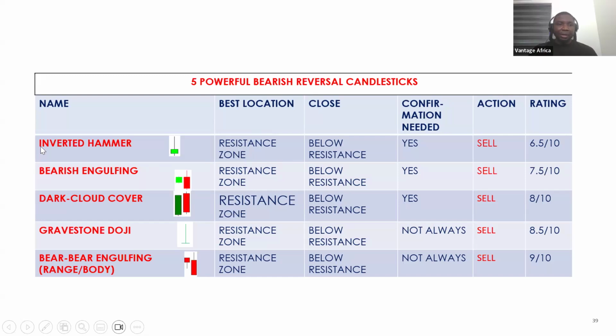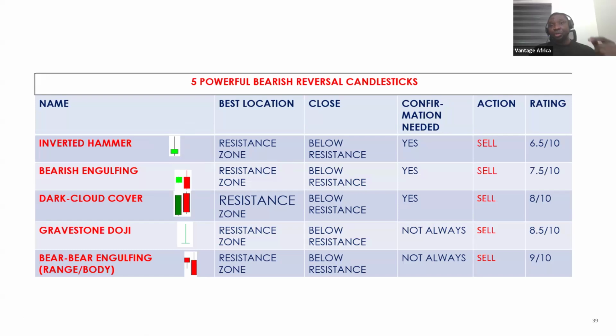So first of all, we'll start with the inverted hammer. The inverted hammer is almost like a hammer, but in the opposite direction. When you see that at a resistance zone, that is a sign that the market is about to do what you expect it to do, which is sell.